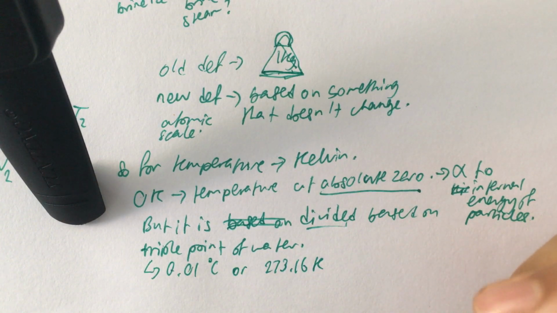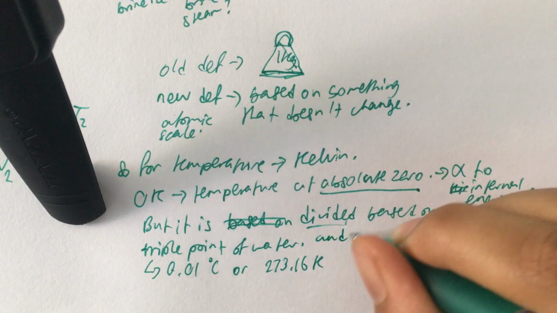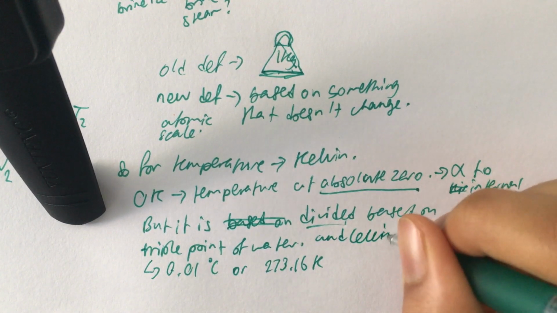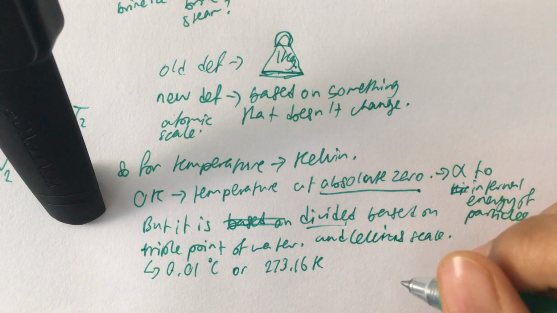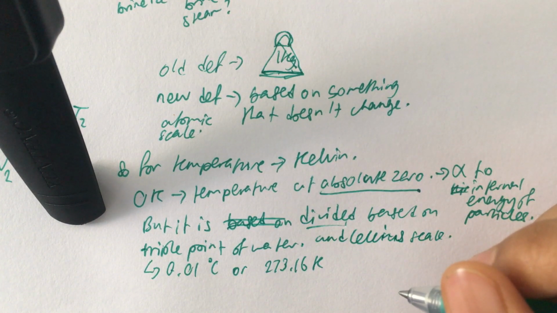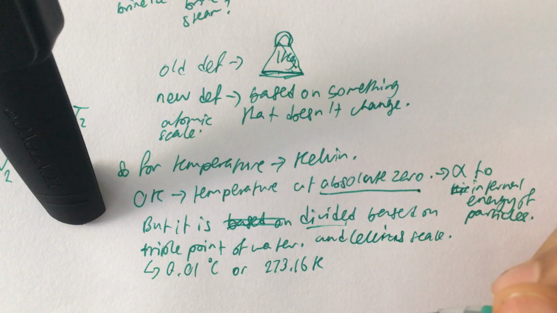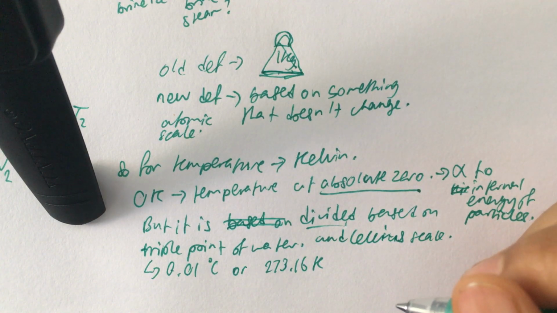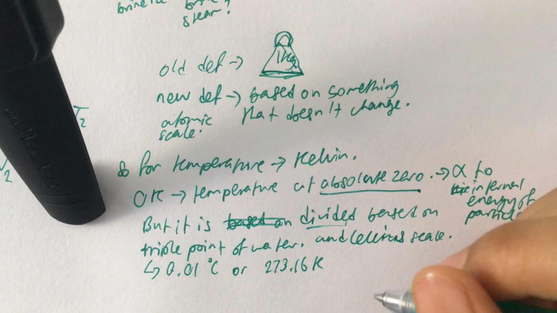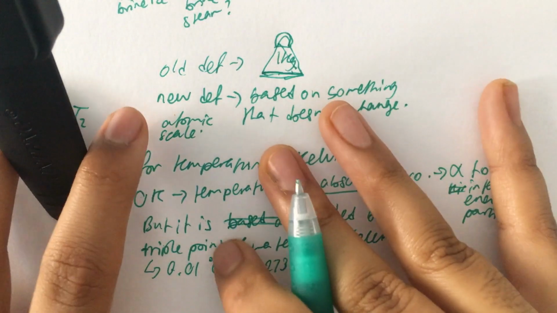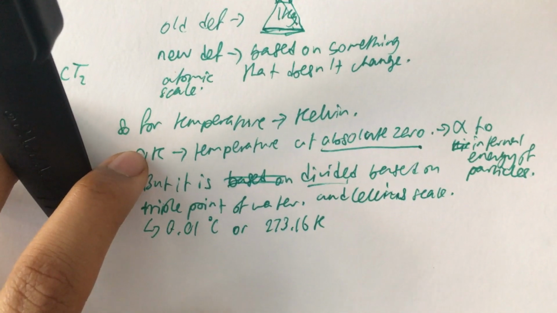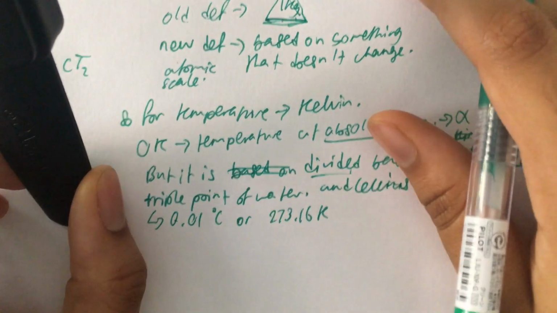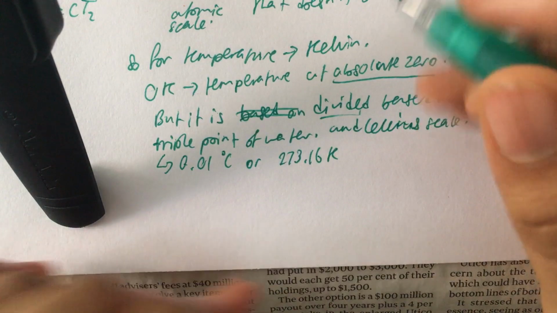So what can we tag the Kelvin scale to? Well, basically, it's based on the triple point of water. The triple point of water is actually pretty consistent. It's very consistent because it is based on a particular pressure, temperature and volume, and the conditions are very specified.